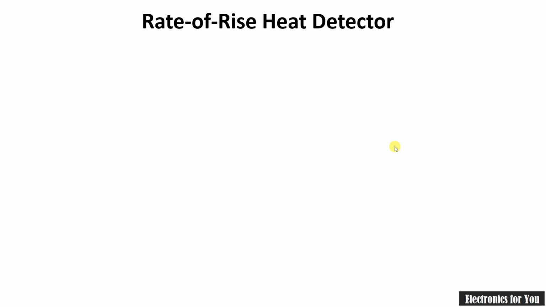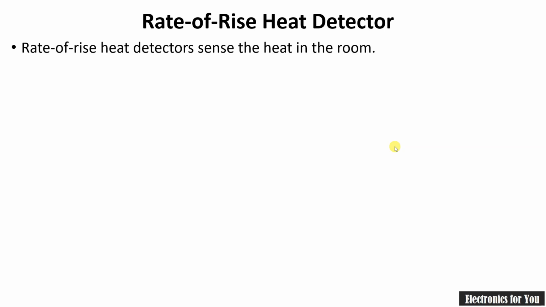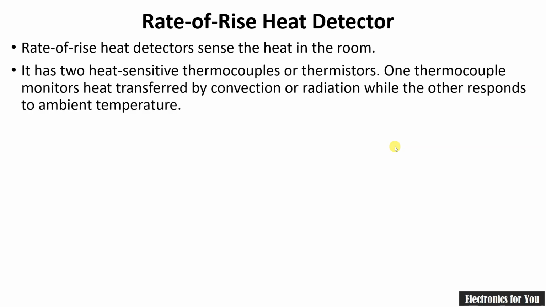Now let's start with the first one, the rate of rise heat detector. As its name suggests, it senses the increase in room temperature, and therefore we require a temperature sensor here. In this case, generally thermocouples or thermistors are used.